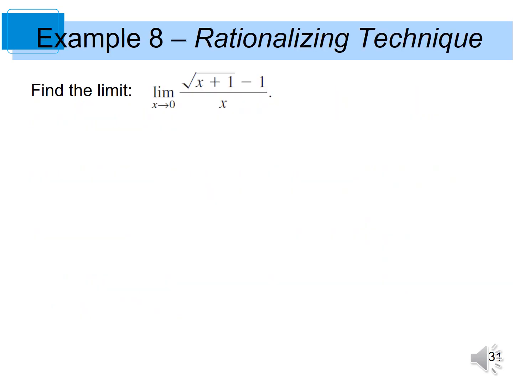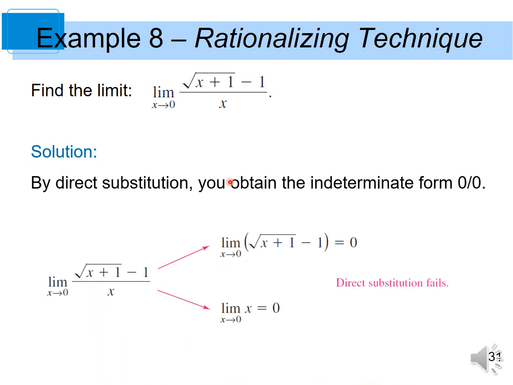Find the limit of radical x plus 1 minus 1 over x when x tends to 0. By direct substitution, you obtain the indeterminate form 0 over 0. Look at the procedure. For the numerator, when we substitute x by 0, we'll have radical 1 minus 1, which is 0.